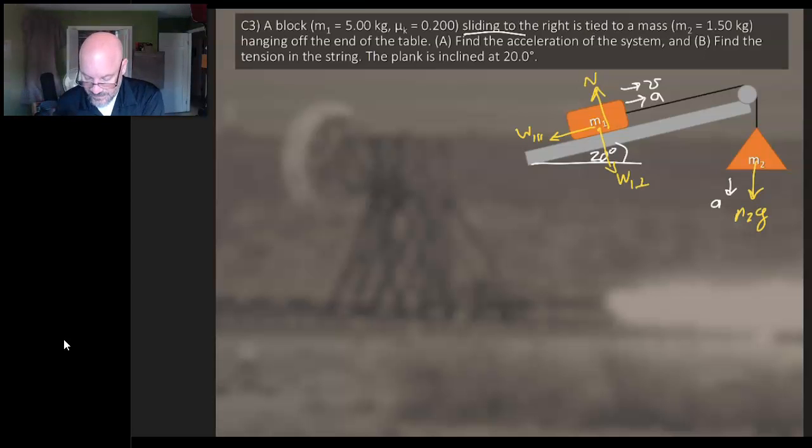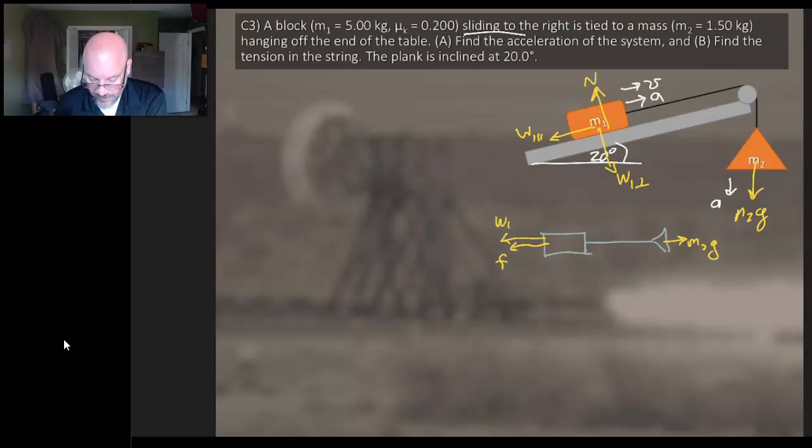So let me unwrap this and show you what it looks like if we think about it as a unified system. Then we have this. And here's our M2G. And we have friction.